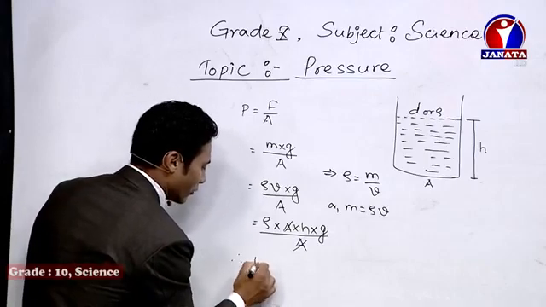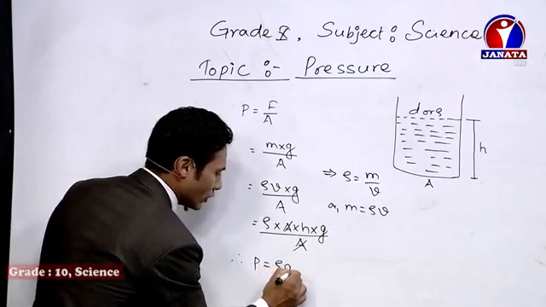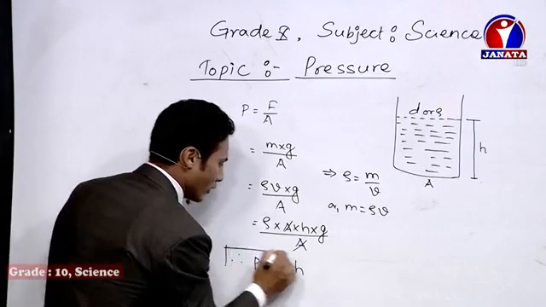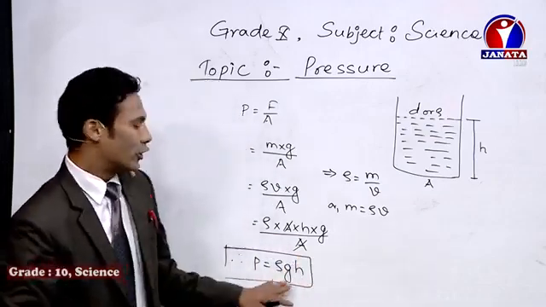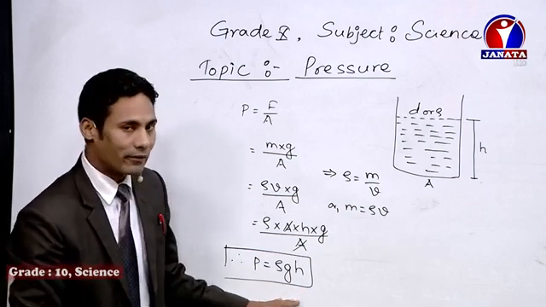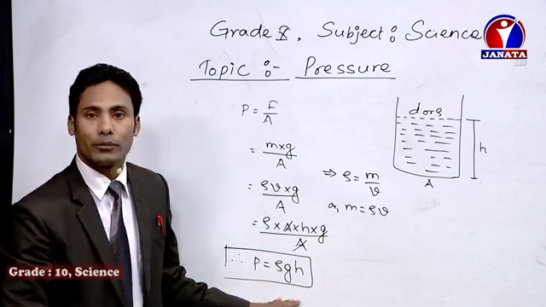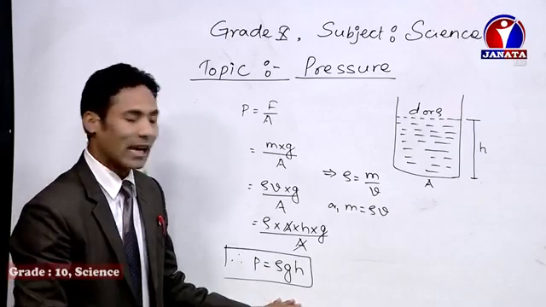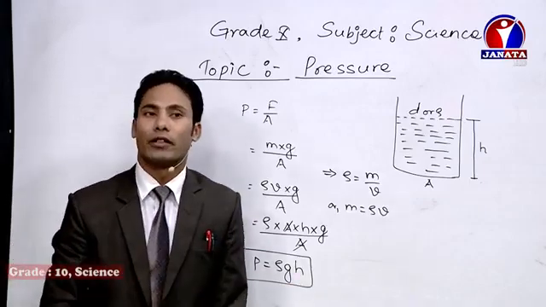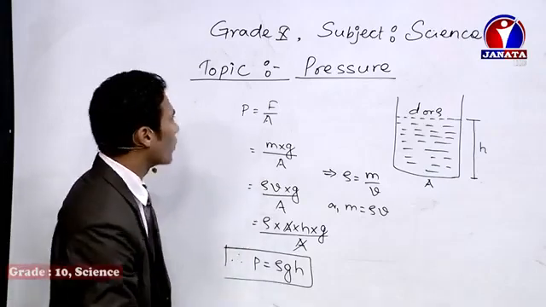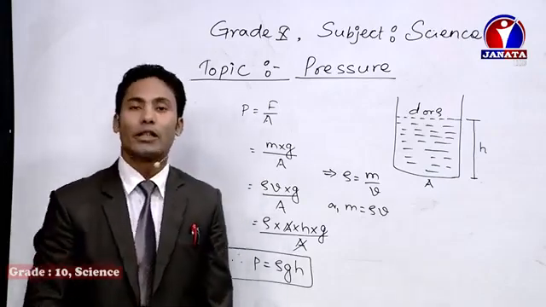Therefore liquid pressure P equals rho g h, where rho is the density of the liquid, g is the acceleration due to gravity, which is constant for a particular place, the average value is 9.8 meter per second square, and h is the height of the liquid column. So this is the formula for calculating the liquid pressure.